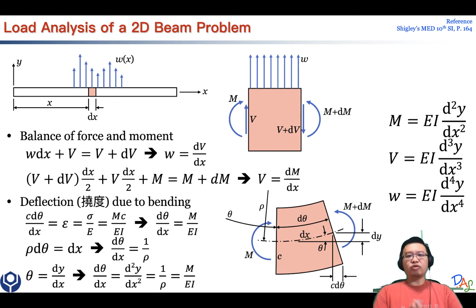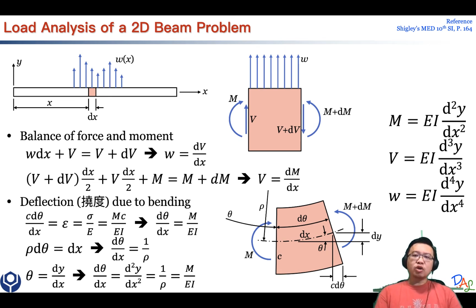So when you solve a problem like this, you need to define your initial configuration. No matter what direction you specify, it's okay, because if you specify this moment as clockwise, but in fact the moment applied to this material on the right-hand side is counterclockwise, then you will get a negative value for your M.